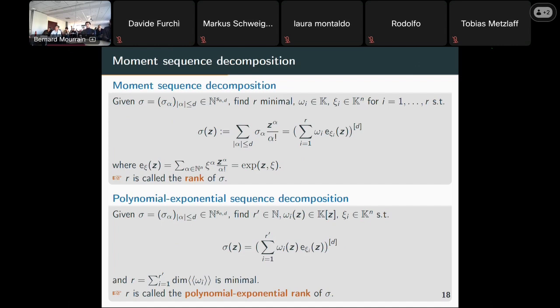This corresponds, as we have seen, to the decomposition of the form as a weighted sum of powers. So this transforms into a decomposition as a weighted sum of exponentials, truncated in degree d.